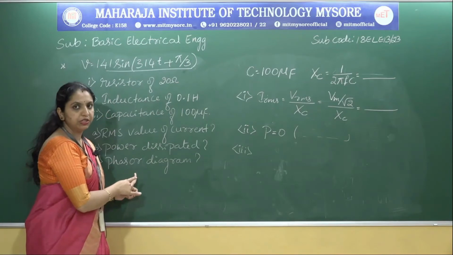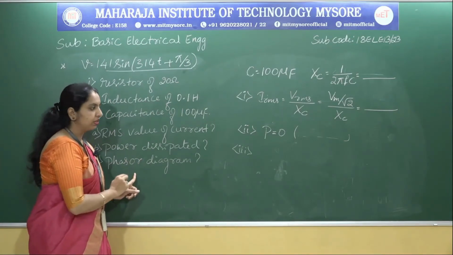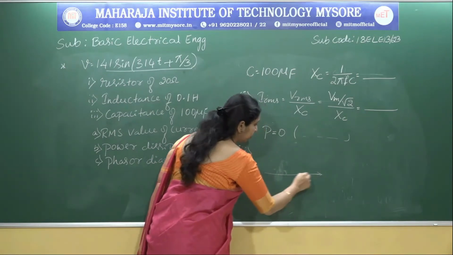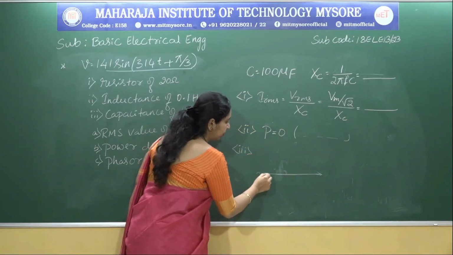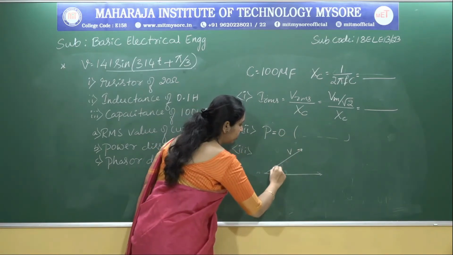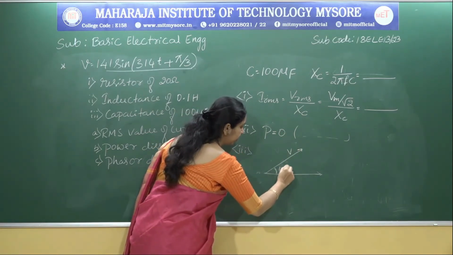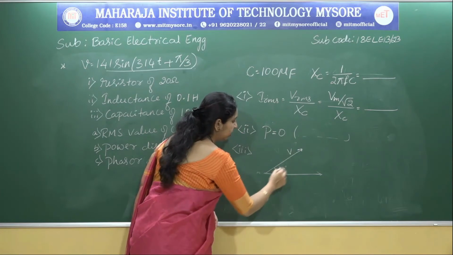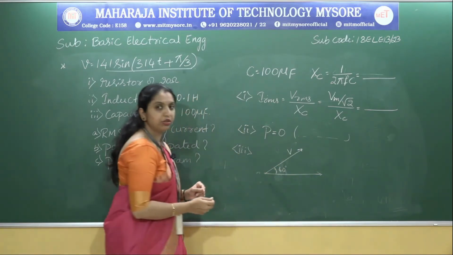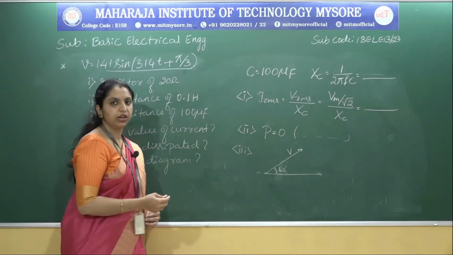we need to draw a phasor diagram for a pure capacitive circuit. As I have already told you, this must be the reference, and from this point we have the voltage at a 60 degree difference, because the voltage is leading from the reference point. Now where should I draw the current?